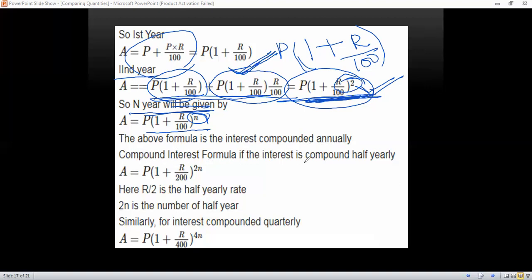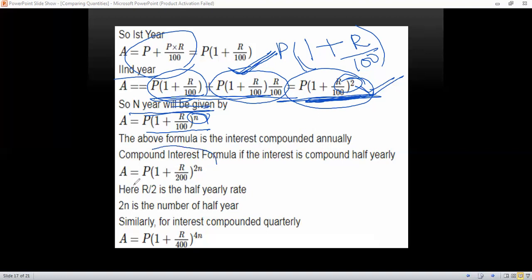Compound interest formula, if the interest is compounded half yearly, A is equal to P, that is principal, 1 plus r by 200 to the power 2n. Here r by 2 is the half yearly rate. 2n is the number of half years. Similarly, for interest compounded quarterly, A is equal to P 1 plus r by 400 to the power 4n.